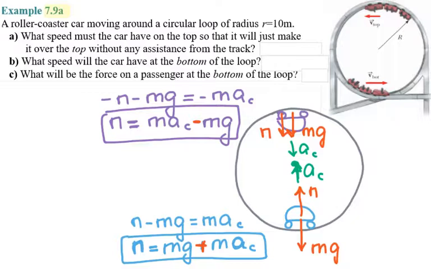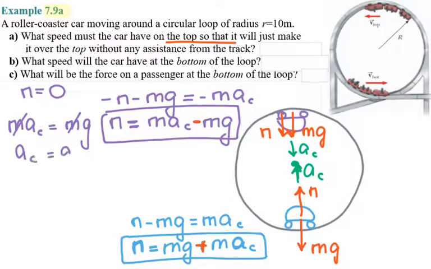And they ask you the speed the car must have at the top of the loop, so it barely makes it through. Because the normal force is equal to 0 in this case, just in this case, doesn't mean it always will be equal to 0, then your mac is equal to mg. The mass cancels, so your ac is equal to g, and that is v squared over r is equal to g, and the velocity in this case is equal to the square root of rg.